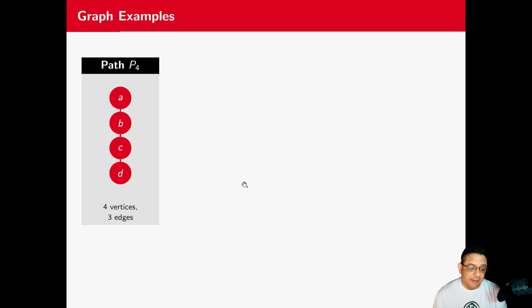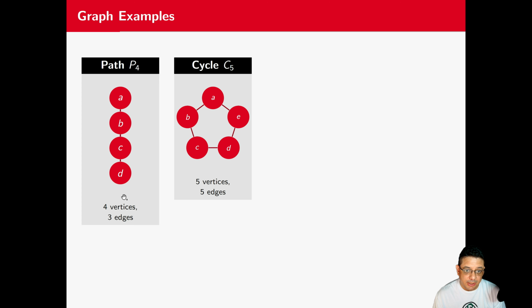Now, let's see some graph examples. Here we have a path. We have four vertices or nodes, and three edges connecting them: between A and B, between B and C, and between C and D. We have here a cycle with 5 vertices and 5 edges.